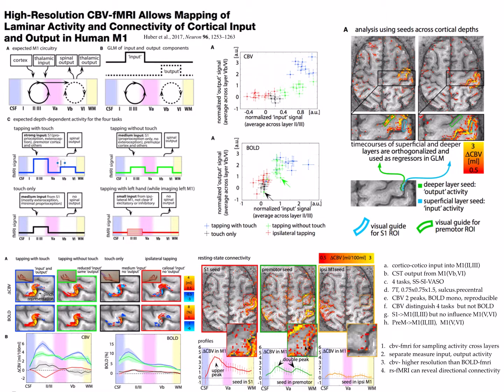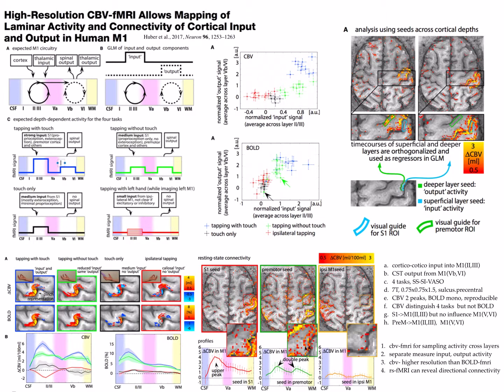So that means the premotor has some correlation with the deeper layer of M1. But if you put the seed into the superficial layer, for example, you randomly select one voxel in the superficial layer of M1, you will see other voxels in the M1 region co-fluctuate at the same time. The S1 voxels also co-fluctuate.